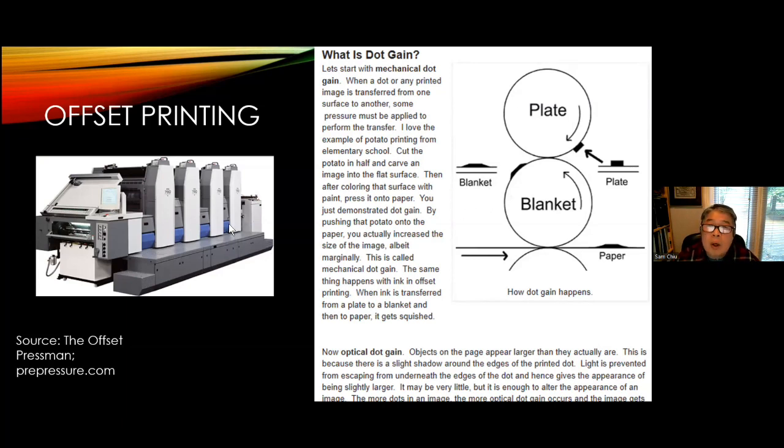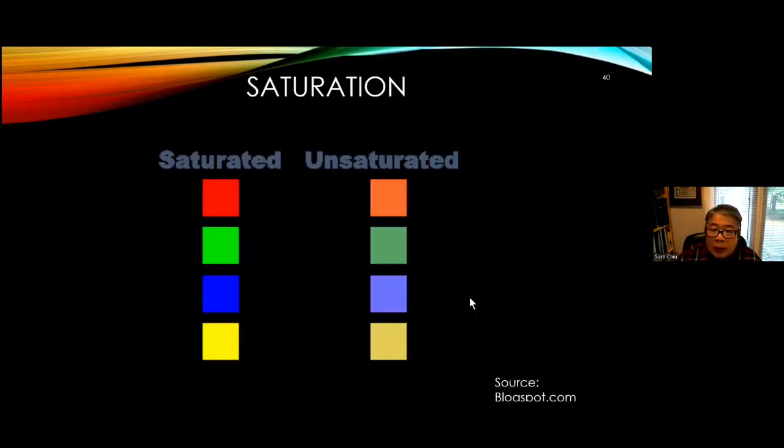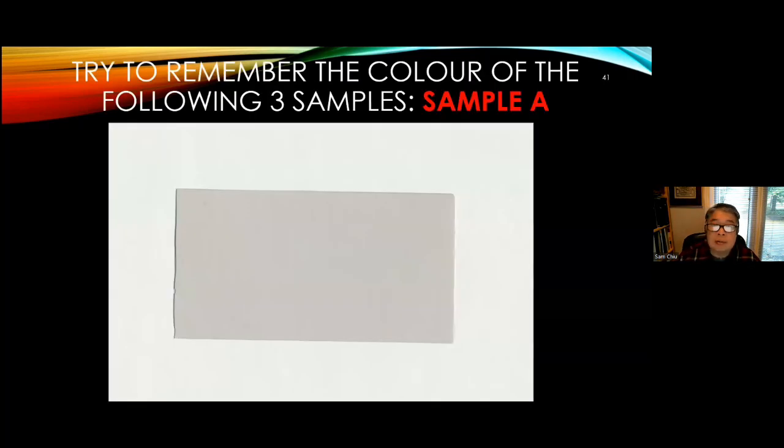I'm not going to go into detail, but this is modern day: you have a plate, the paper goes in, you have the ink, and then it gets printed on the surface. Another thing on saturation, saturated, unsaturated: for some reason, there is a lot of misunderstanding on this concept of saturation.